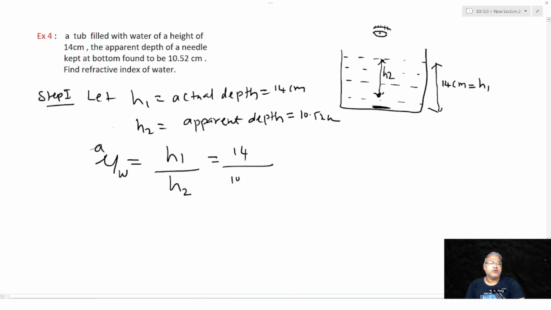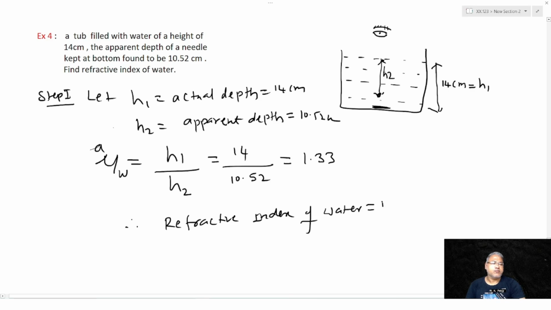So here we write 14 over 10.52. This equals 1.33. Therefore, the refractive index of water equals 1.33.